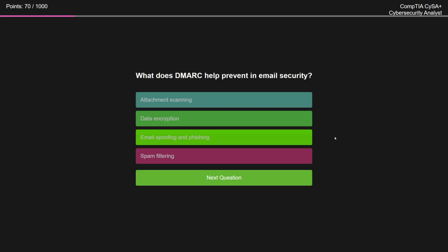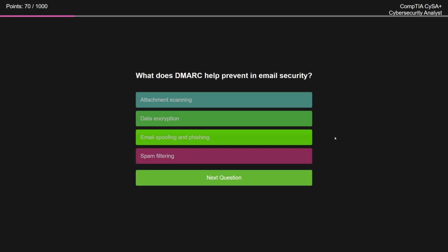It doesn't do anything with data encryption, except with those other technologies under the hood that can do it. Like, I believe DKIM, DomainKeys Identified Mail, and Sender Policy Framework might use PKI. We also have spam filtering. Spam filtering isn't the main objective that DMARC is trying to provide.